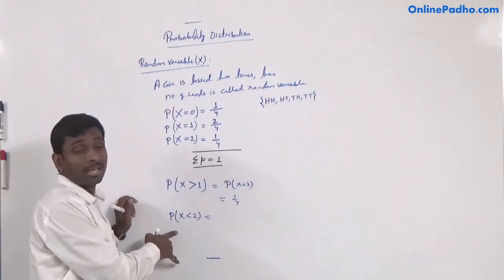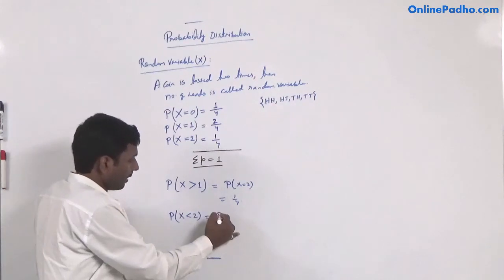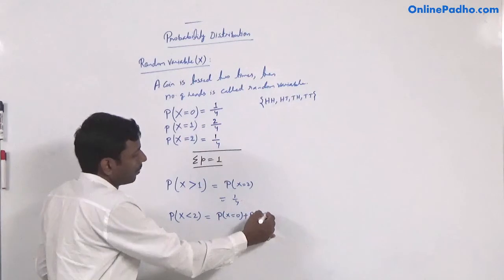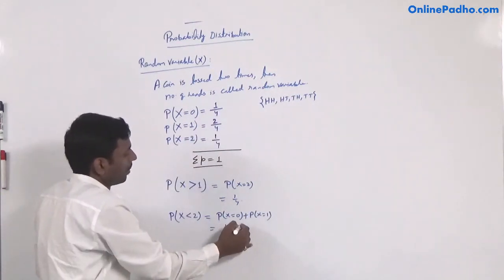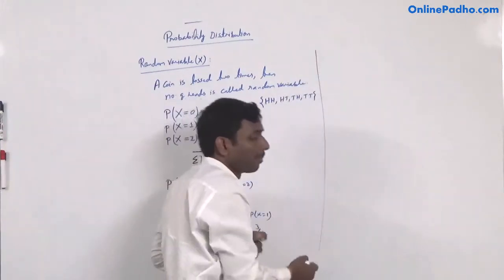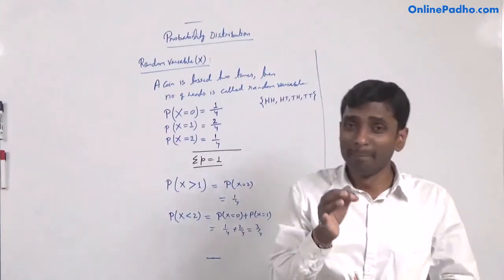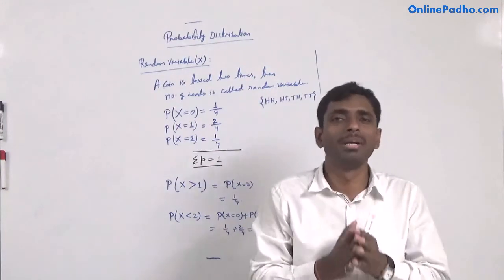The number of heads less than 2 means 0 head or 1 head. We can write it as P(X=0) plus P(X=1). Adding 1 by 4 and 2 by 4, it will be 3 by 4. This is called probability distribution. When you find the number of things in the probability, that is a question related to probability distribution.